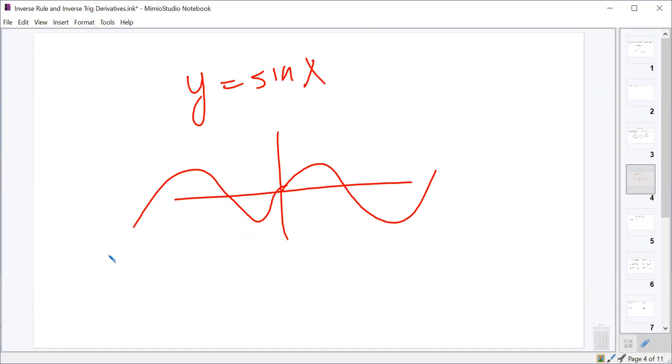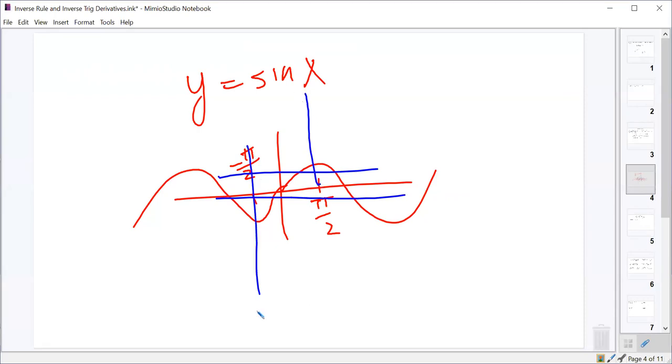Okay. And so when we came up with the function that was the inverse sine of it, what we did was we took the domain of the sine function and restricted it to -π/2 to π/2, so that the inverse function would also be a function. We know that if a function passes the horizontal line test, then its inverse is a function also.